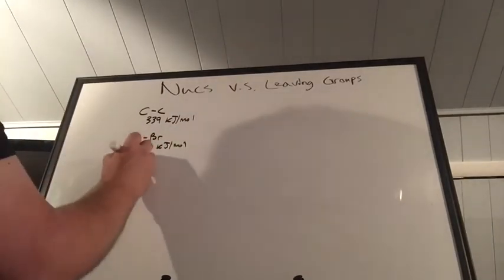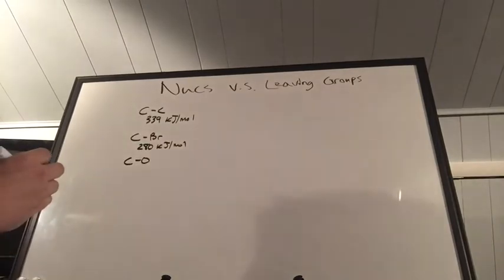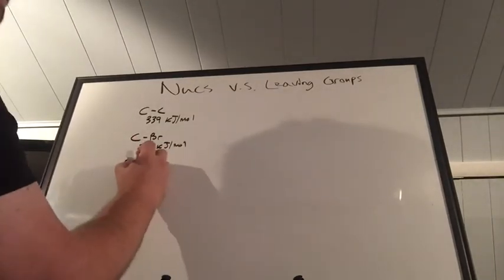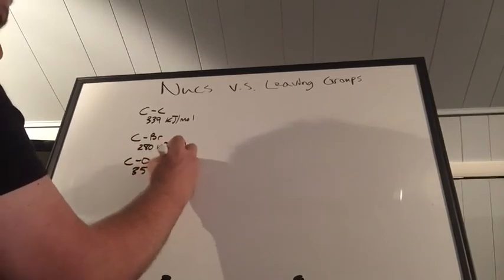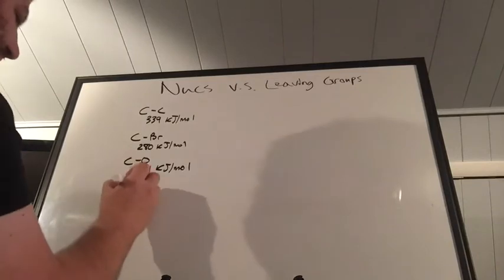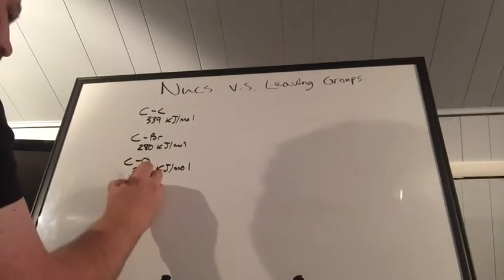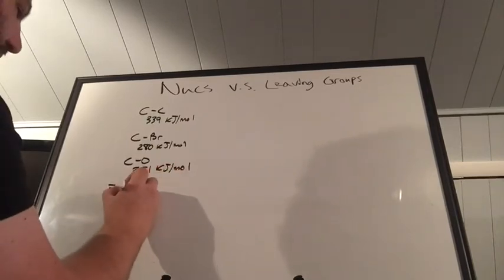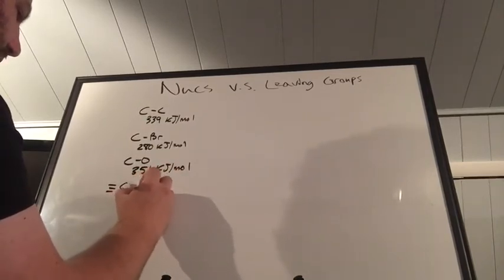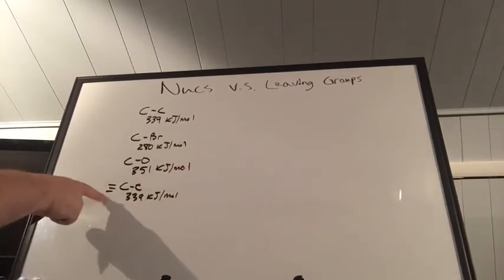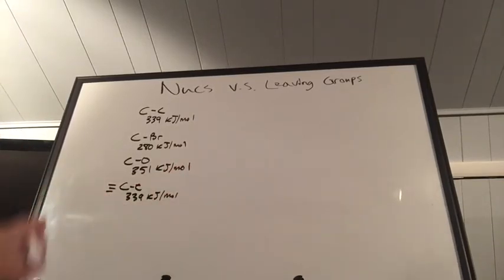Then you have CO. Excuse me, it's going to be 351 kilojoules per mole. And then let's say CC from an alkyne, right? That's still going to be 339 kilojoules per mole. Now I'm not referring to the CC triple bond, that's going to be much higher.